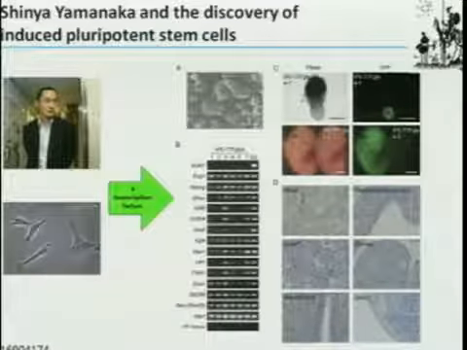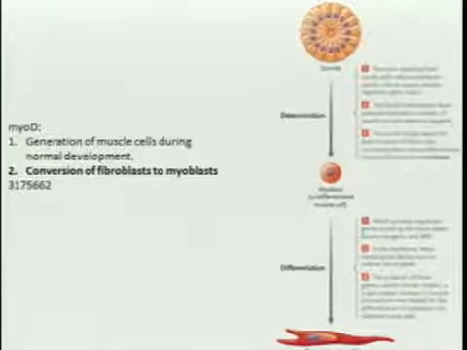I want to point out that your textbook contains, and I'd like you to please look at it, an early important example in which a transcription factor was used to take cell type A and make it into cell type B. It describes a transcription factor called MyoD.